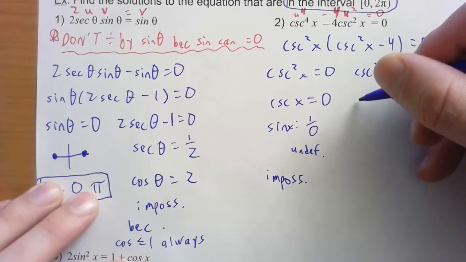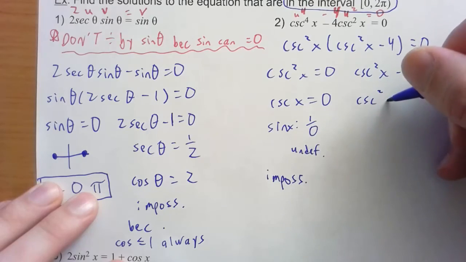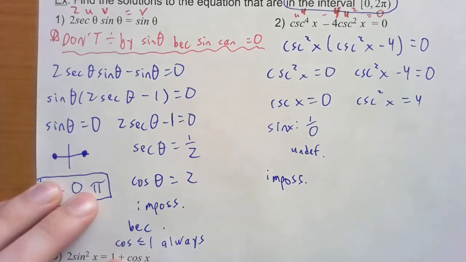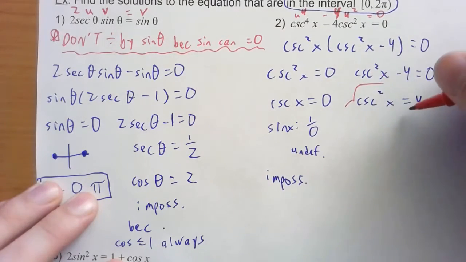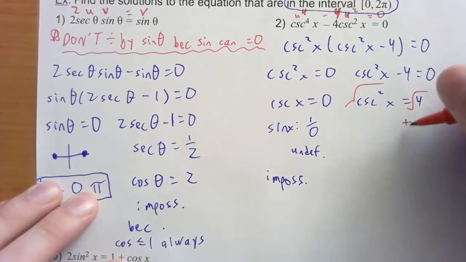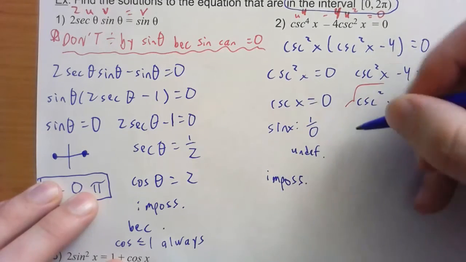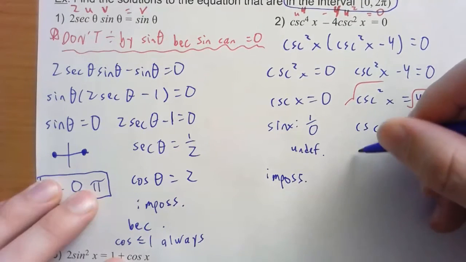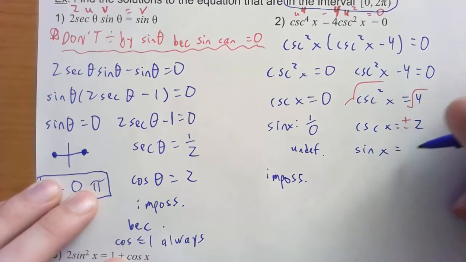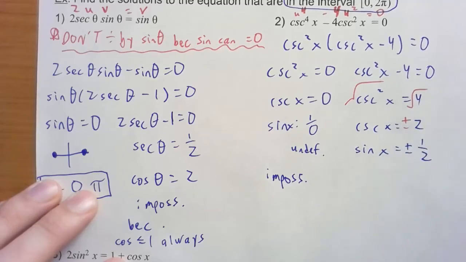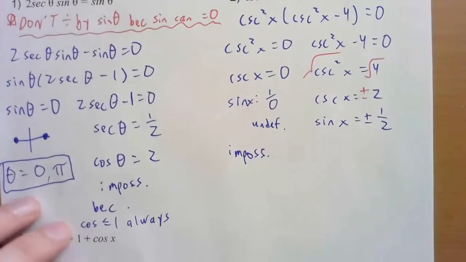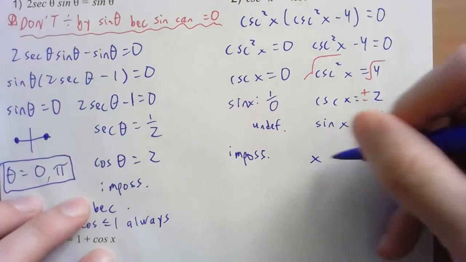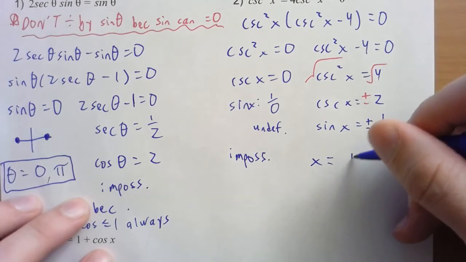Let's look at this one over here. Cosecant squared x equals 4. Square root both sides. Remember, if I add a square root, I add a plus or minus. So cosecant x is plus or minus 2. Switch that to sine. We want sine to be plus or minus a half. So first I think about the reference angle, the pi over what?